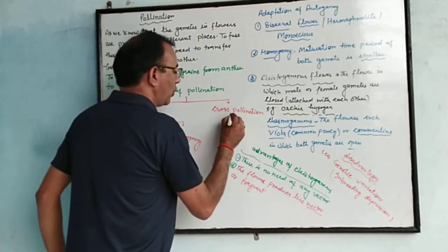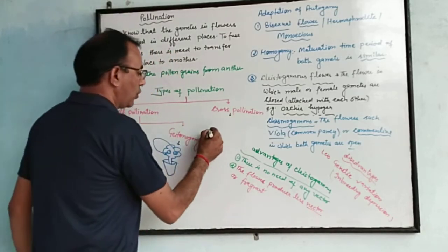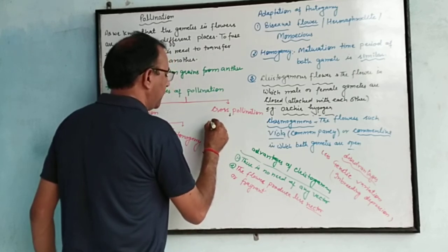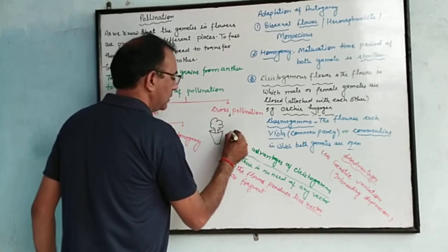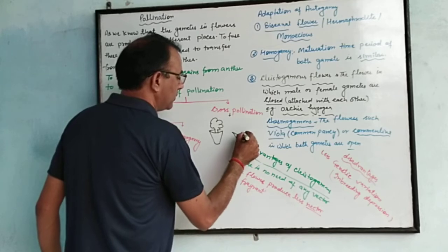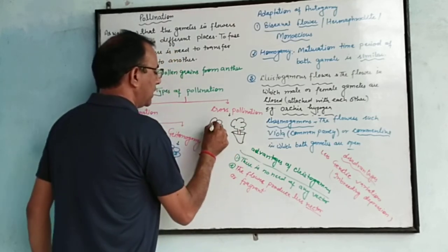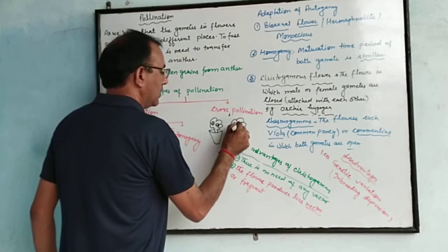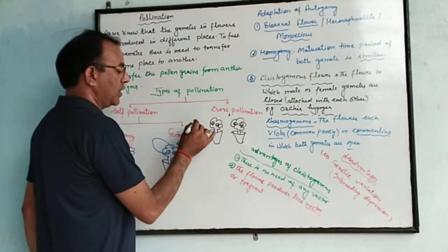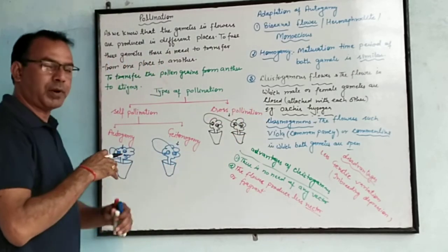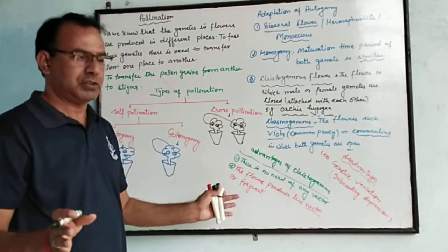And the next one is cross pollination. Cross pollination means two plants of the same species are potted in different pots. Suppose these are the two plants which are potted in different pots and they contain flowers. If the transfer of pollen grain from anther to stigma of another flower of another plant happens, the flower will change.